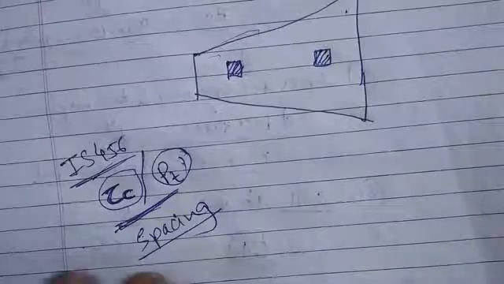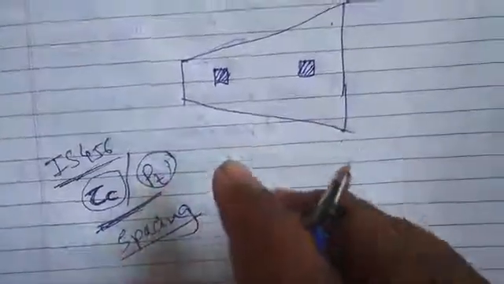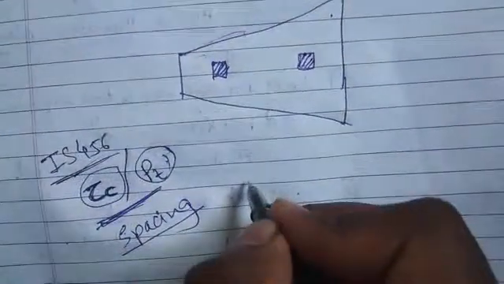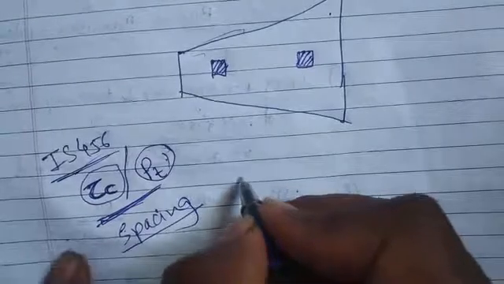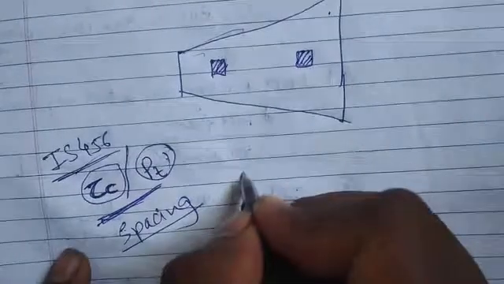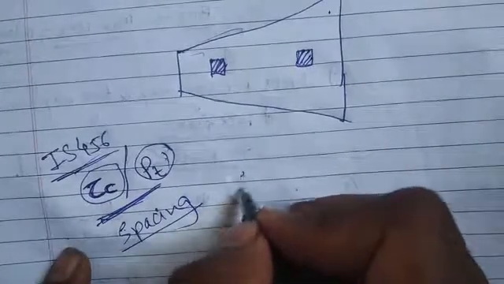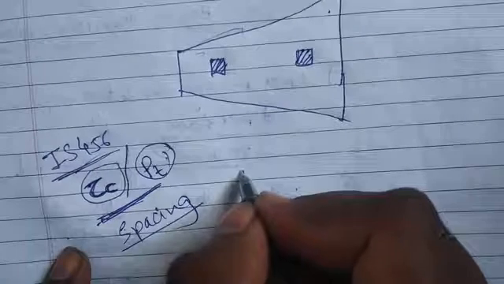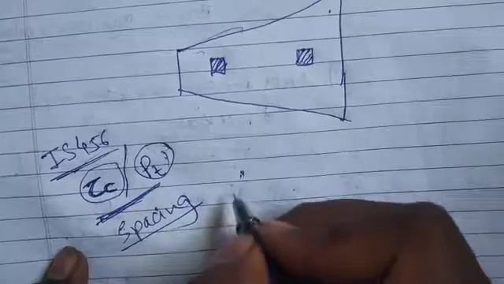Please comment or you can ask me if any one of you is not understanding the steps in design of rectangular combined footing. Okay, so just try to learn the basics of design in the meanwhile.